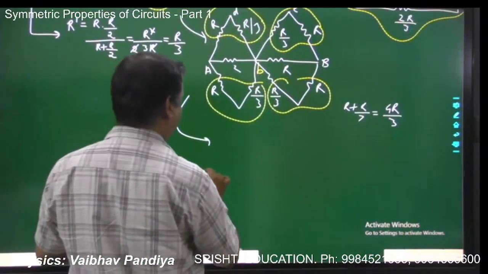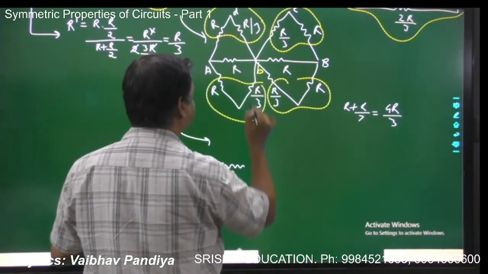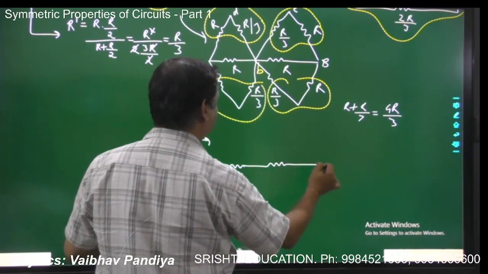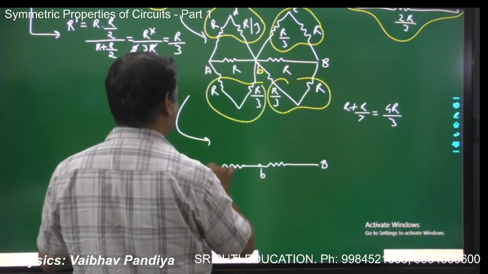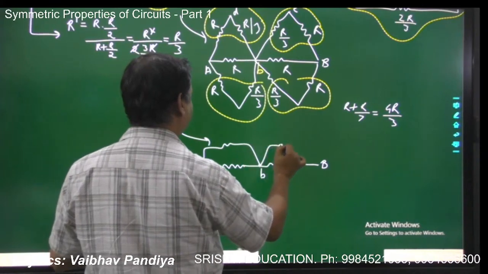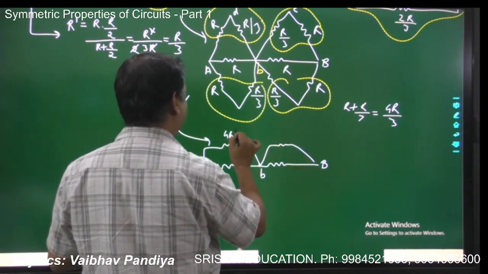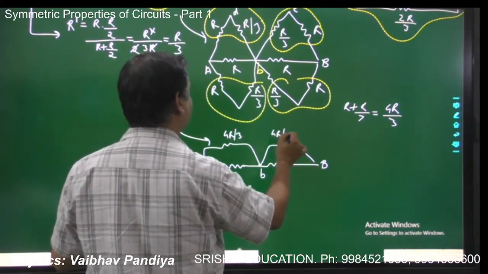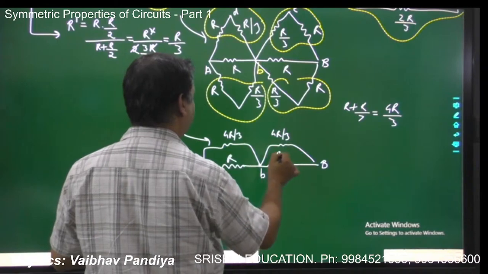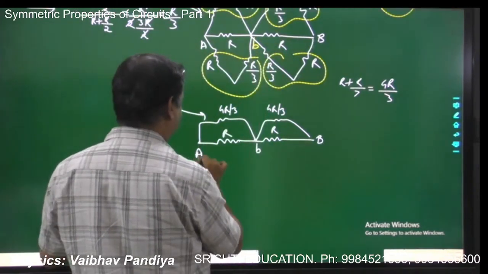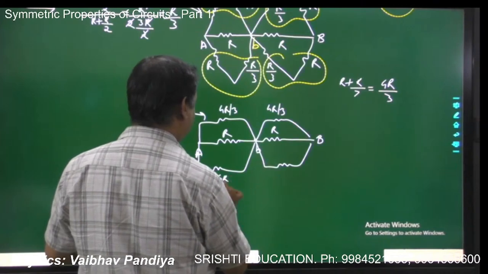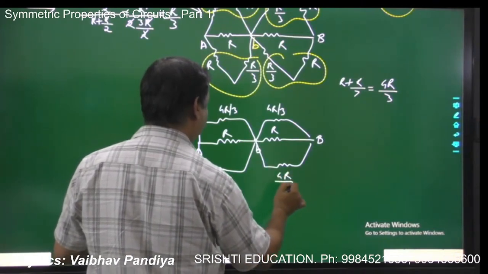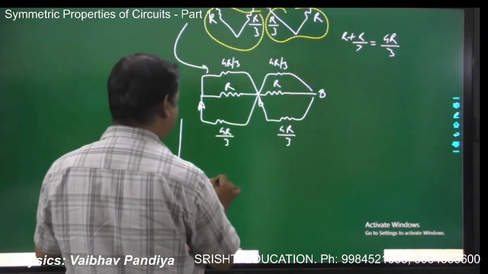So you will have this is B and this is A, and this is 4R by 3, 4R by 3, R, and same thing will be applicable for the bottom portion, 4R by 3, 4R by 3, correct? Now go for another reduction.